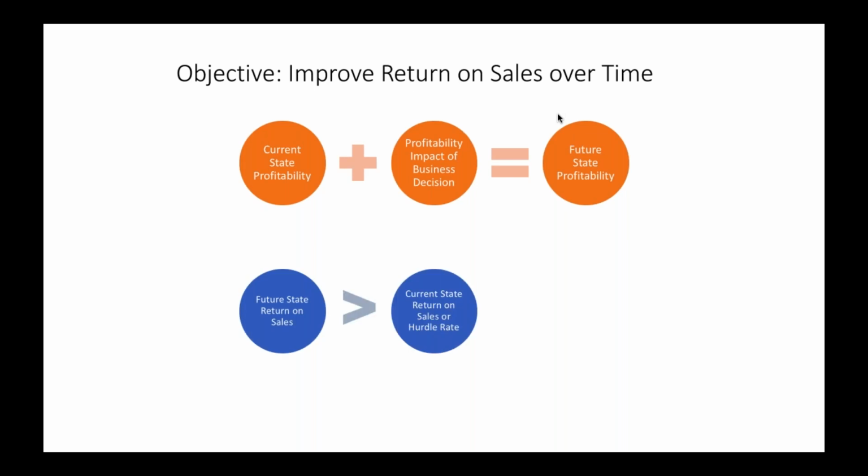So if the future state return on sales is greater than the current state return on sales, it's probably a good business decision from a financial standpoint. Now, obviously, there may be non-financial considerations to take into account, but in general, this is a good rule to follow when you're analyzing the box score.